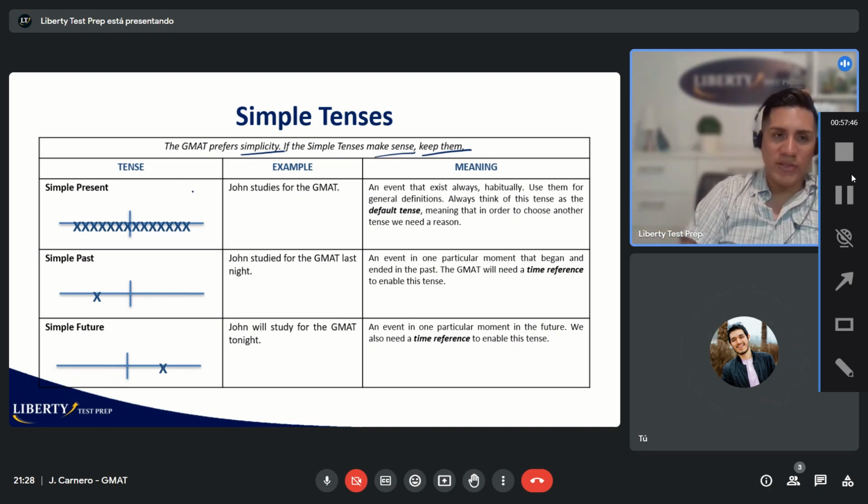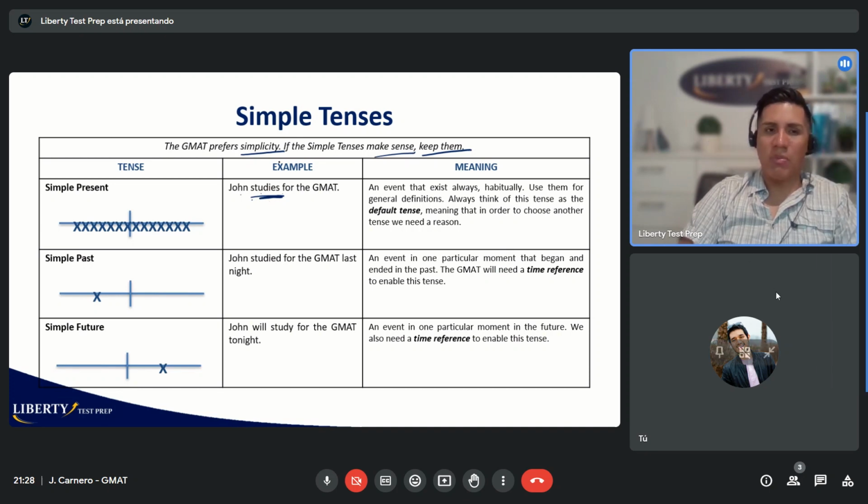Now, the simple present is this one. Tom studies for the GMAT. Now, when they talk about the simple present, they are not saying that the action is happening right now. They're saying that it is an action that happens frequently, that happens most of the time, that often happens, that happens habitually, as they say here. So use them for general definitions.